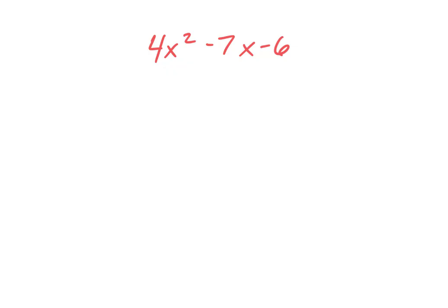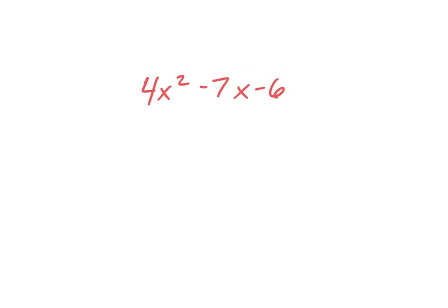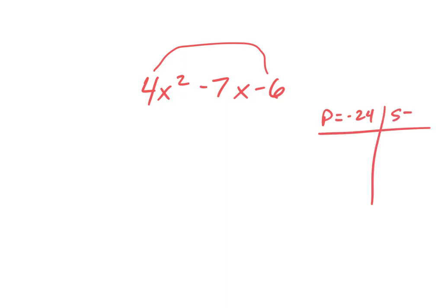Second thing would be, can I do product and sum? Well, I can't do product and sum, but I can try to do slide and divide. What multiplies to get negative 24, and adds to get negative 7? Here's another reason why making the chart would be a good thing.